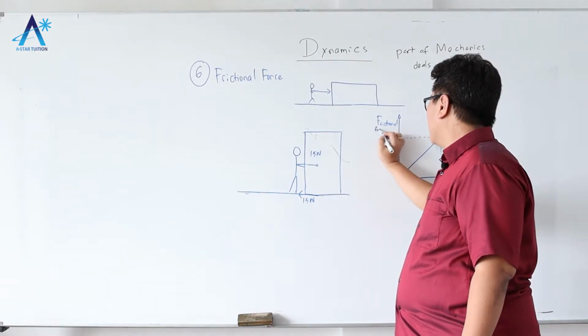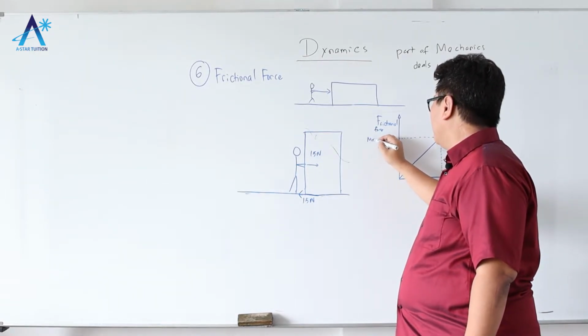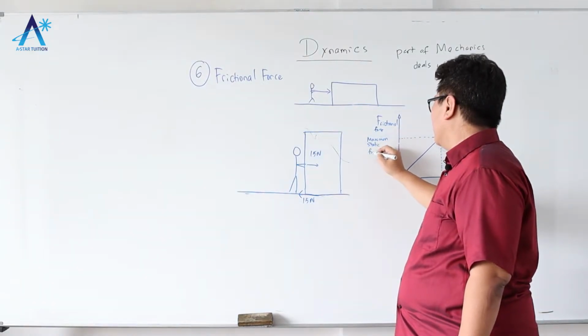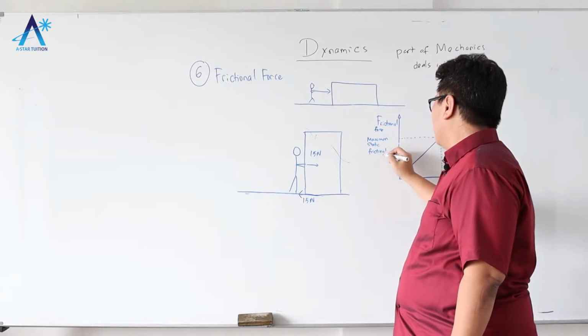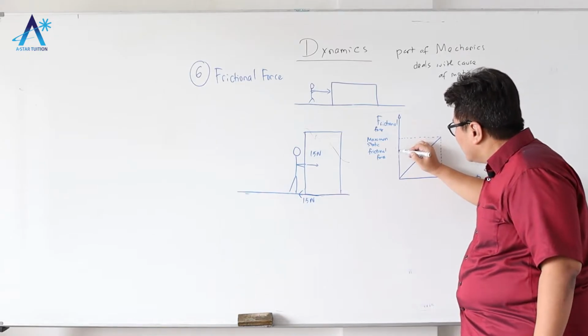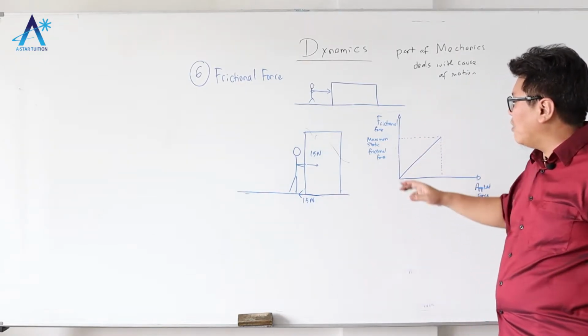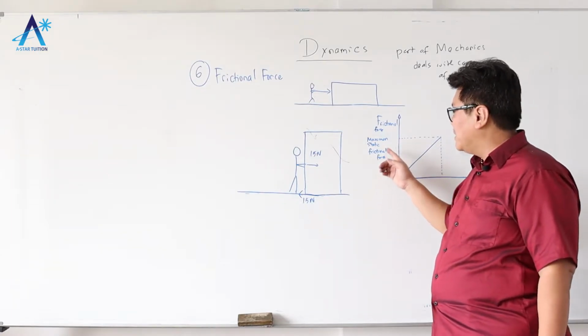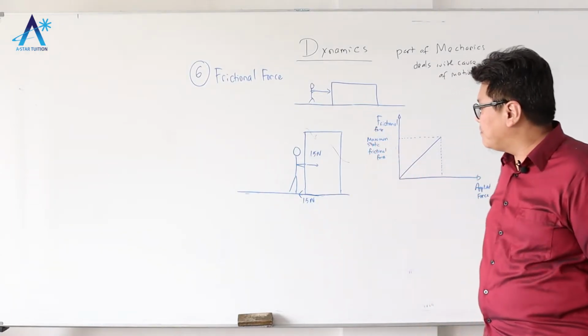So this is the maximum static frictional force, which means that this is the friction when the object is still not moving. That's why we call it static. But then it's the maximum value.